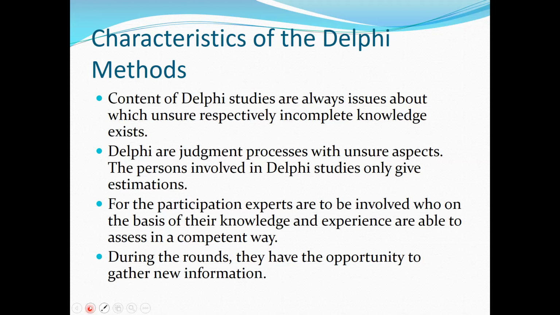Then we looked at each other's opinions, how they were describing them, and tried to arrive at a consensus on which of these is the best proposal to fund. So that's how I've seen the Delphi method in action. And something similar happens in a lot of proposal or grant-making processes.